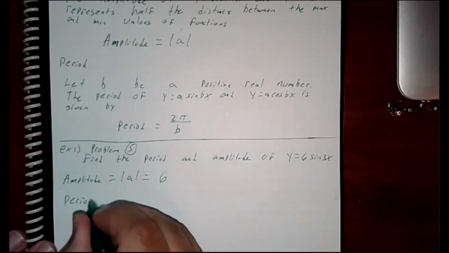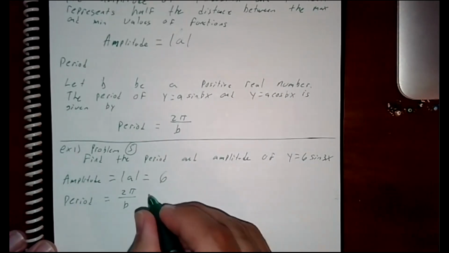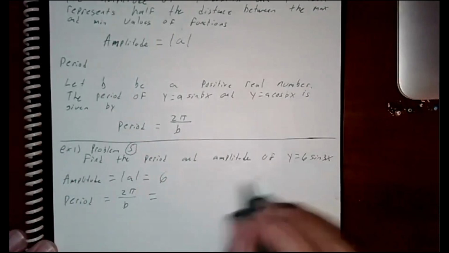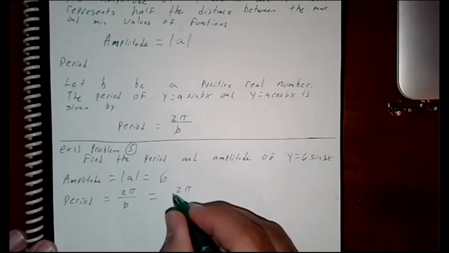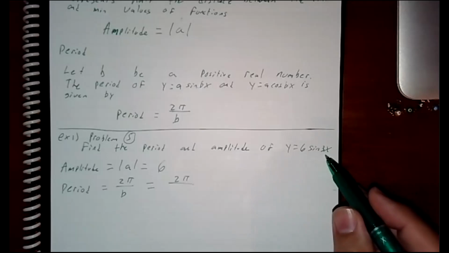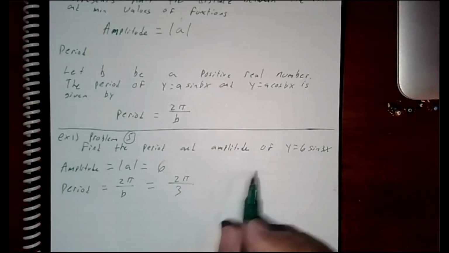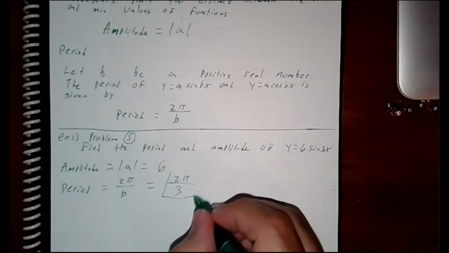Period, we said, is equal to 2 pi divided by b. Our b is going to be what for this question? 3. Yeah, it's just the 3 on the x, right? So the period is going to be every 2 pi thirds, it repeats itself. So that's it.